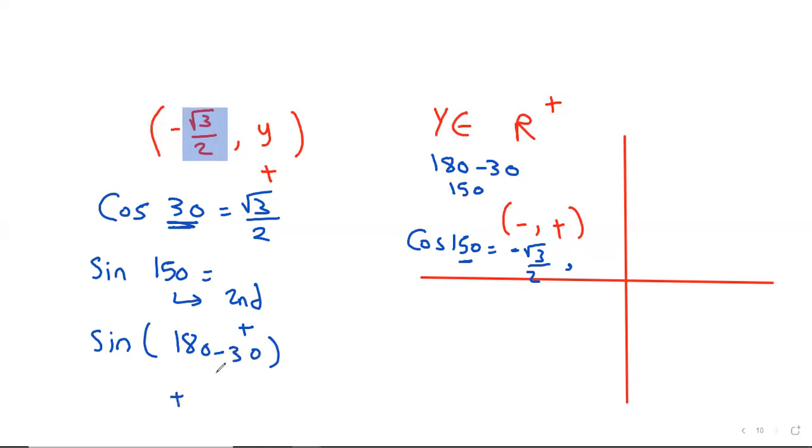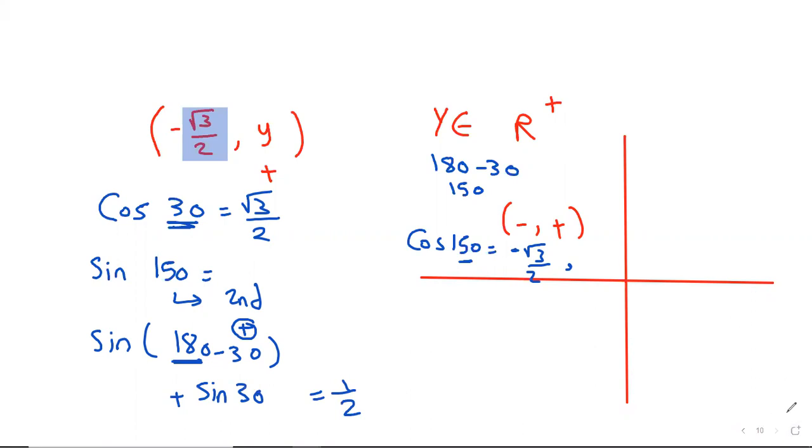So we take positive sine 30. Why? Because in the second quadrant sine is positive, and we didn't change sine into cosine because this angle is 180 minus. So it will be sine 30, which is half. And the question is about the angle, so we'll take 150.